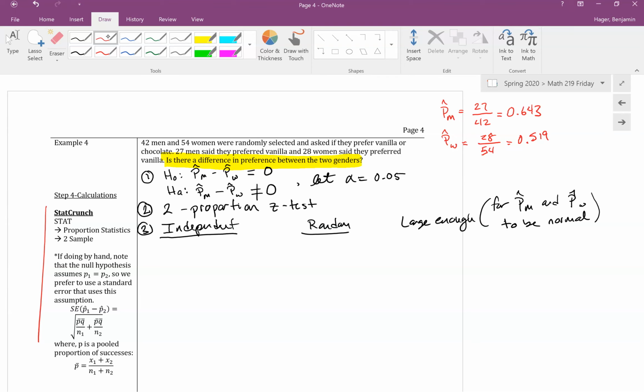I didn't even say ice cream, huh? Just the flavors. Anyways, 42 men is less than 5% of all men, and 54 women is less than 5% of all women. So we can treat them as independent.